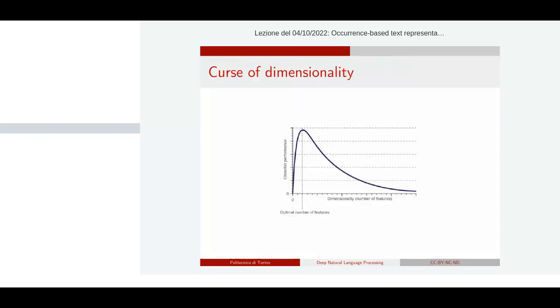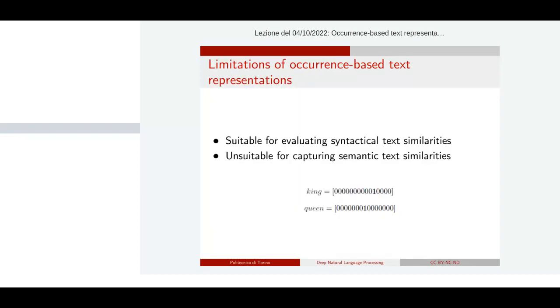And the other is that what I've shown you until now, except for a few cases, for example, the entity recognition process, mainly highlights the properties of the text that depend on the syntax.